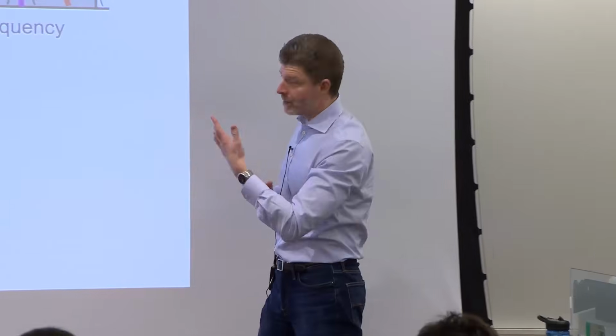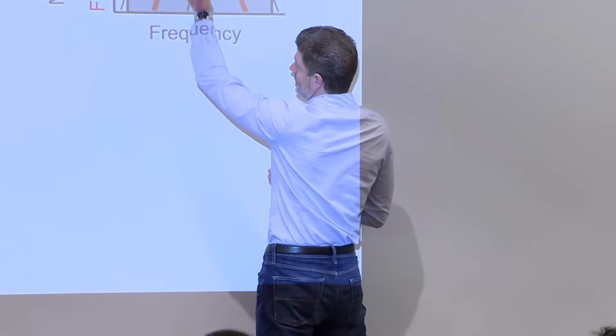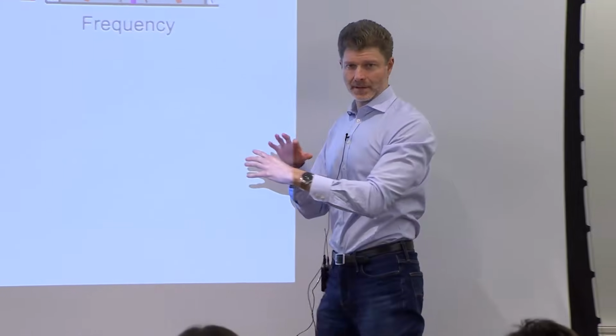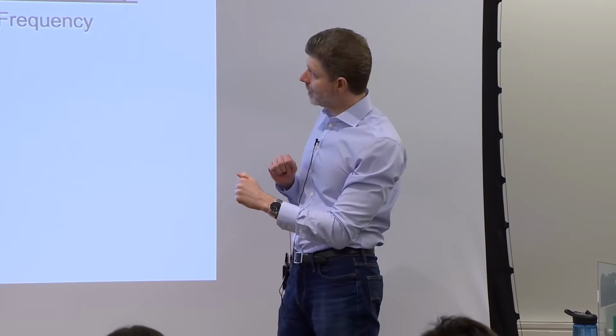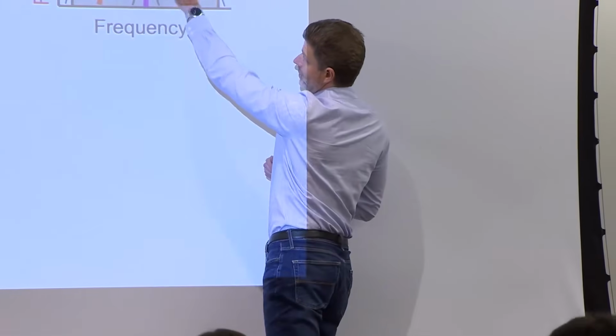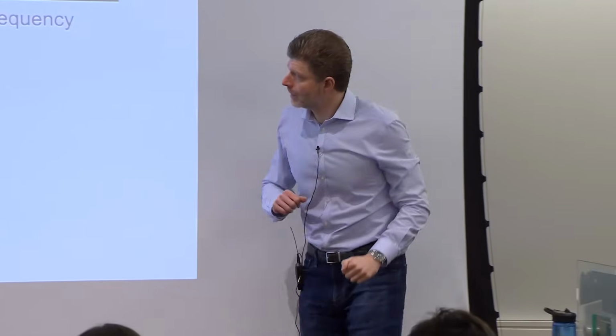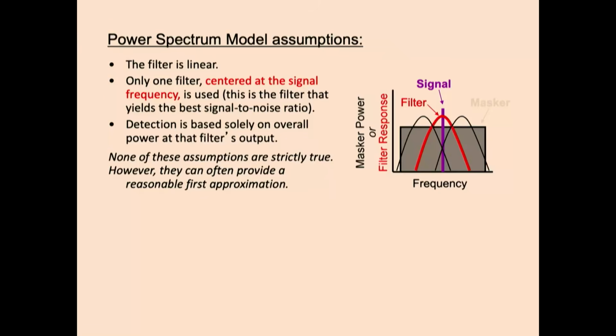In reality, your ear consists of a big bank of filters, because the cochlea covers all the frequencies, but we assume you're just using one of them to detect the tone. We also assume that detection is based entirely on the overall power at that filter's output. None of these assumptions are strictly true, but they often provide a fairly reasonable first approximation.